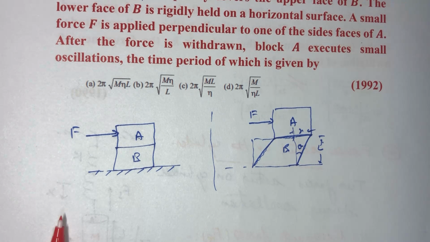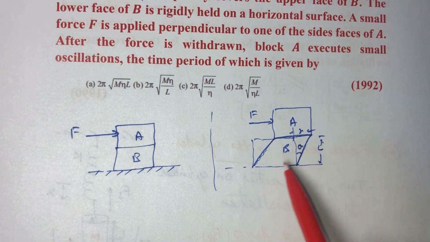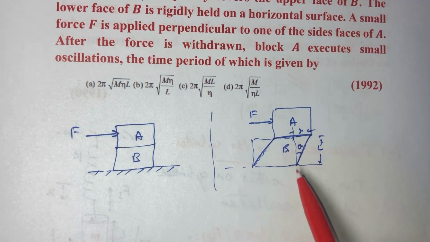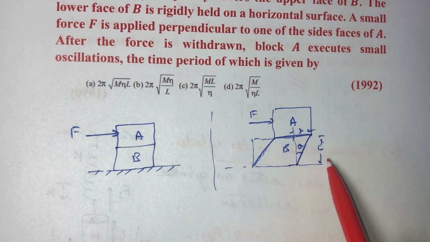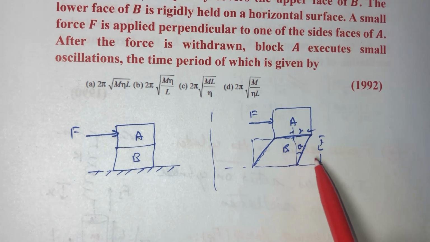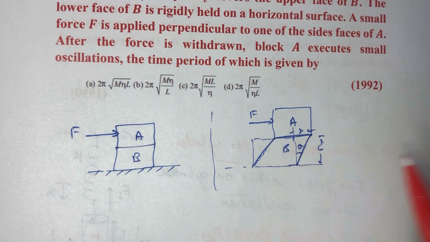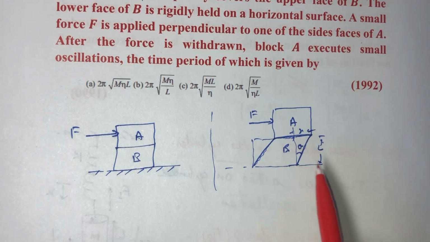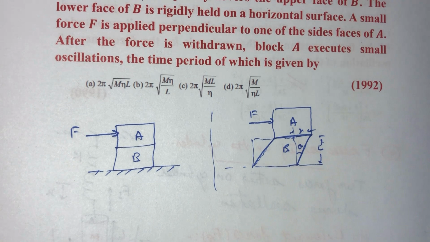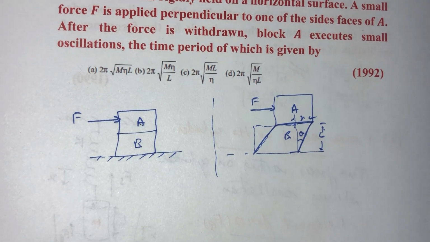The second way to solve the same numerical is the traditional method of finding the modulus of rigidity, in which we take angle theta, find it from x upon L, and say theta is small. So first of all, let's try the first method.